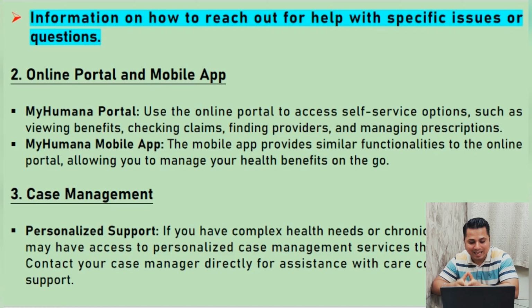Number three, case management. Personalized support. If you have complex health needs or chronic conditions, you may have access to personalized case management services through Humana. Contact your case manager directly for assistance with care coordination and support.